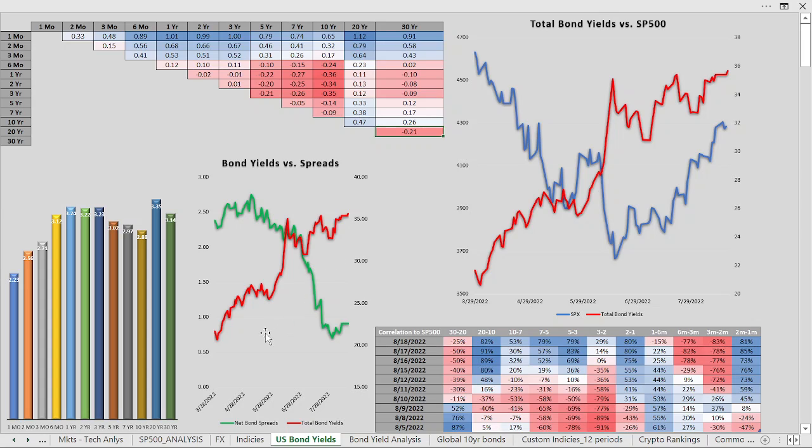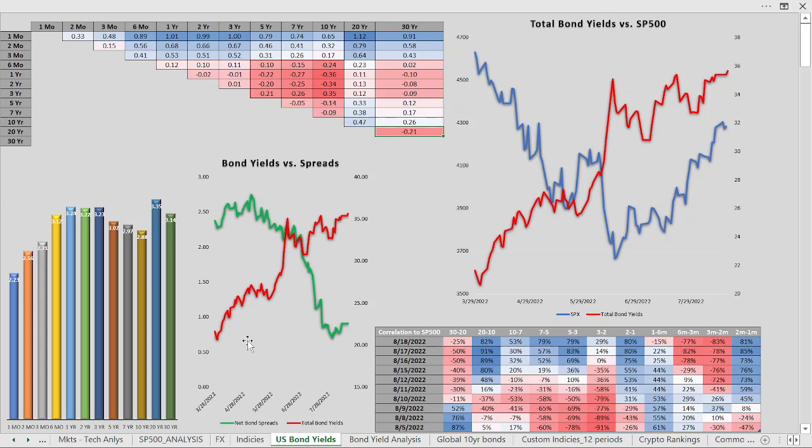Now, if we were just to take a look at this red line over time, we'd say, hey, the yields of each maturity are rising, and that's a result of higher interest rates over the past few months. That looks like a healthy economy. But the fact of the matter is, it's not, as reflected by the green line.